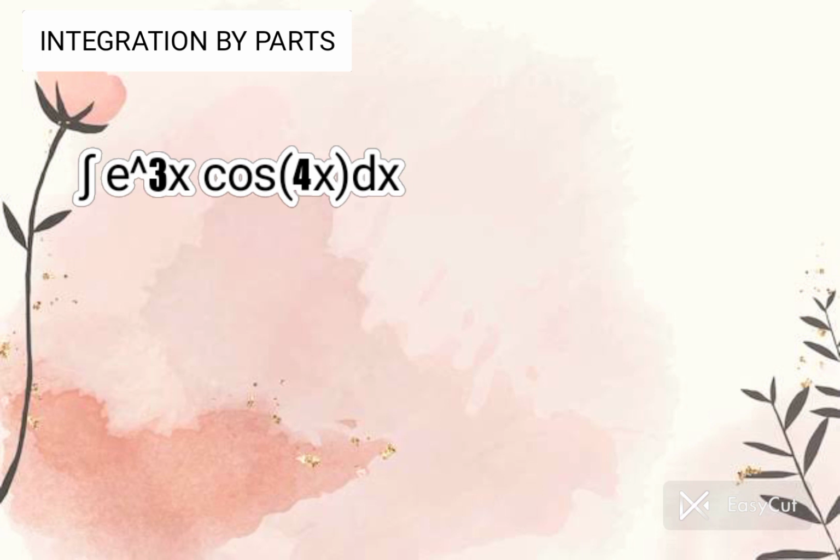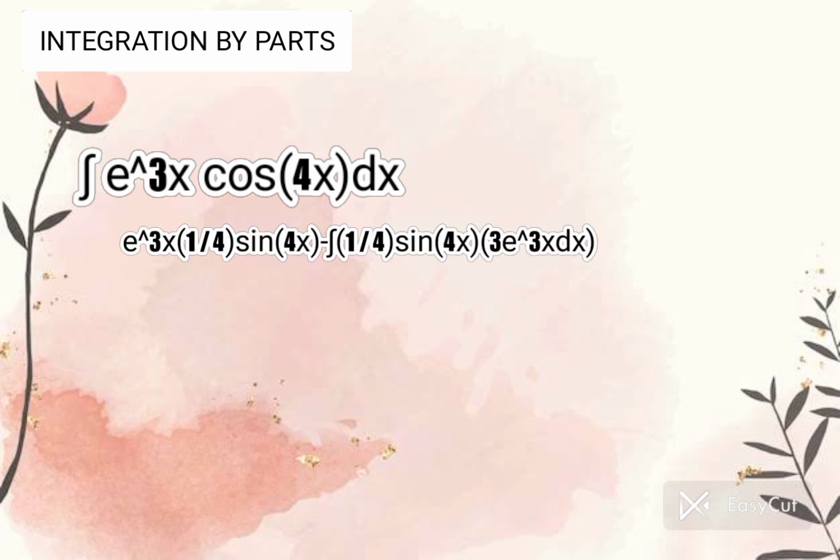So we have the integral of e raised to 3x cosine 4x dx is equal to the integration by parts formula, uv minus the integral of v du. Simplifying, we have e raised to 3x times 1 over 4 sine 4x minus the integral of 1 over 4 sine 4x times 3e raised to 3x dx.